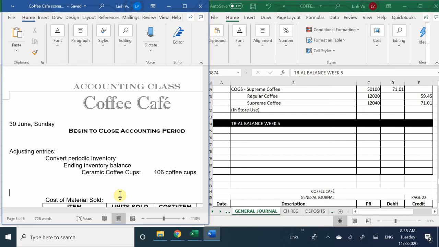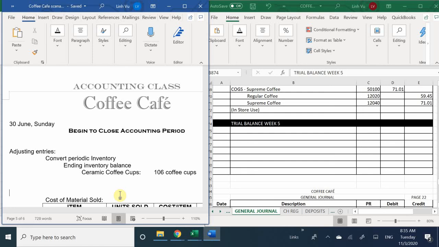Okay, so how are we going to journalize this? By looking in the notes, there will be 2 debits, one for ceramic coffee cup and one for cost of goods sold.